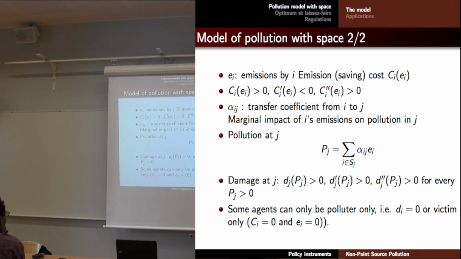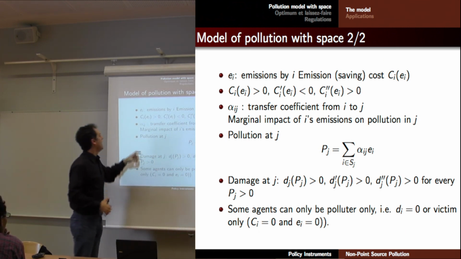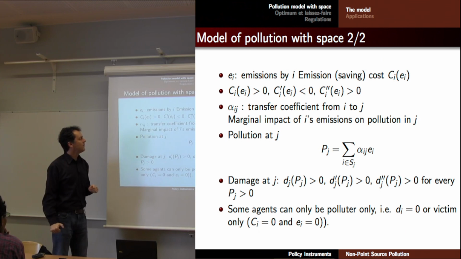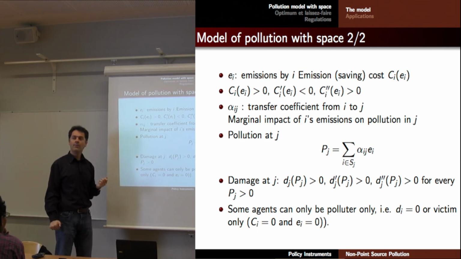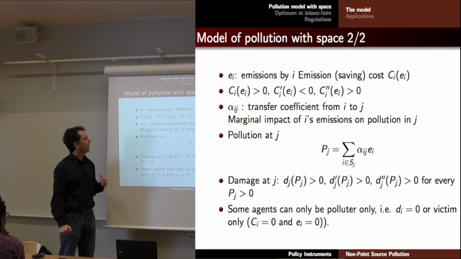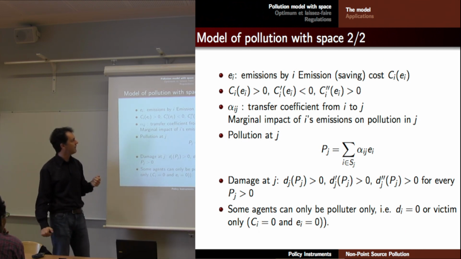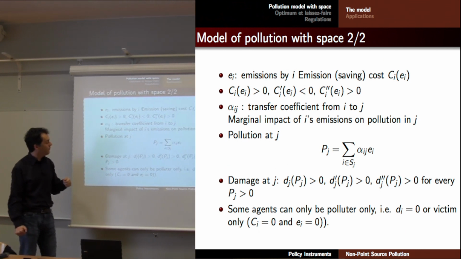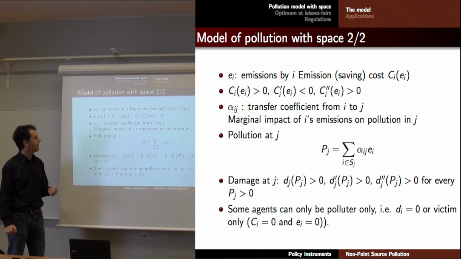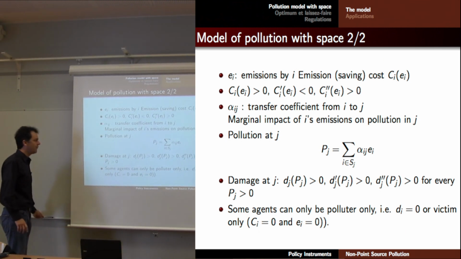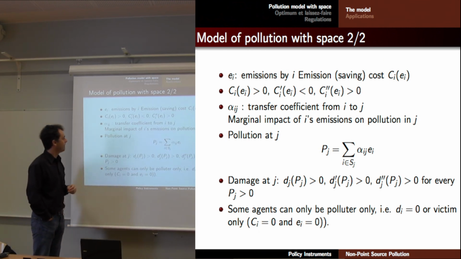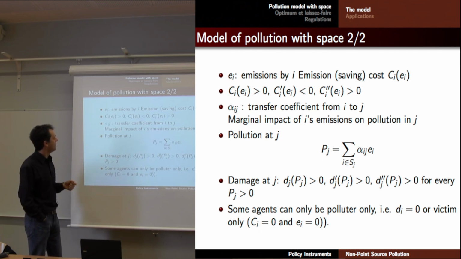It tells you, from each unit of emission at I, how much this unit would lead to in terms of pollution. So the link between emission and pollution is made by this transfer coefficient. It's the marginal impact of I's emission on pollution in J. The first label I is the source, and J is the receptor.